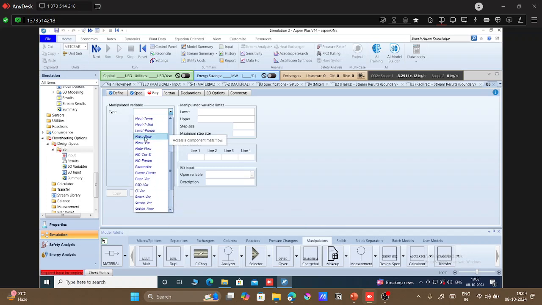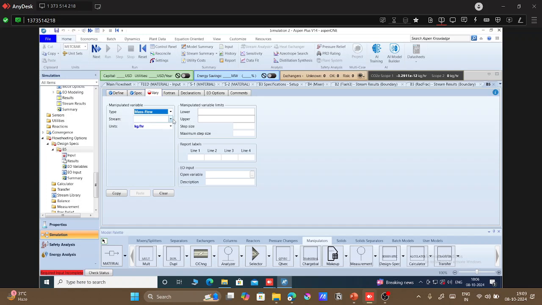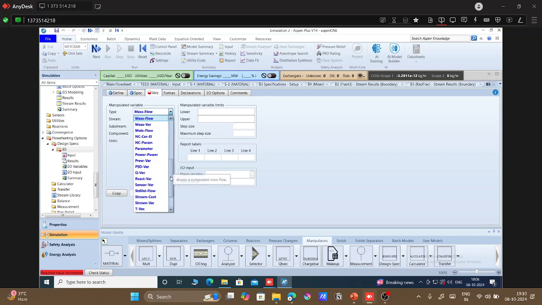Let's see, mass flow of solvent 2 that we are adding into flash 2. We have only MIBK. It should be stream variable also.